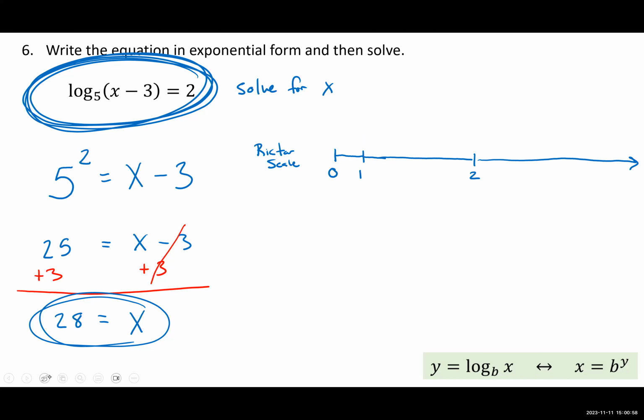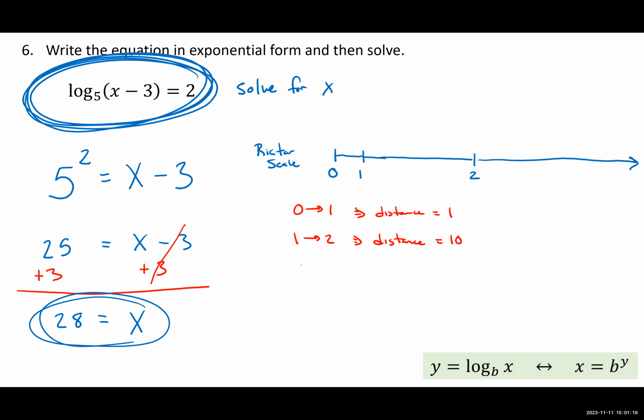So from 0 to 1, the distance is 1. But from 1 to 2, the distance is 10 units.